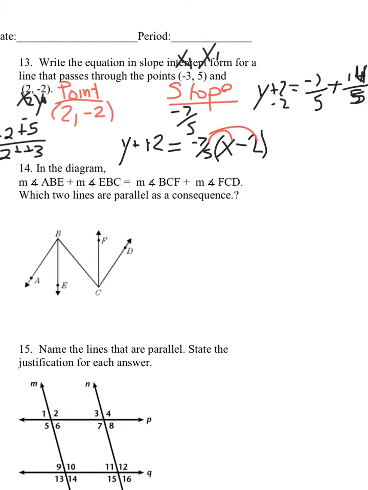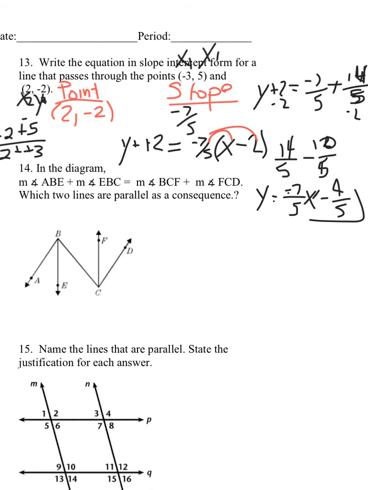You're going to subtract 2, so you have 14/5 minus 2/1. Multiply that by 5/5, you get that. So it should be 4/5. So your final equation should be y equals -7/5 x minus 4/5. Strange equation, but do the math, do it the right way, it works.